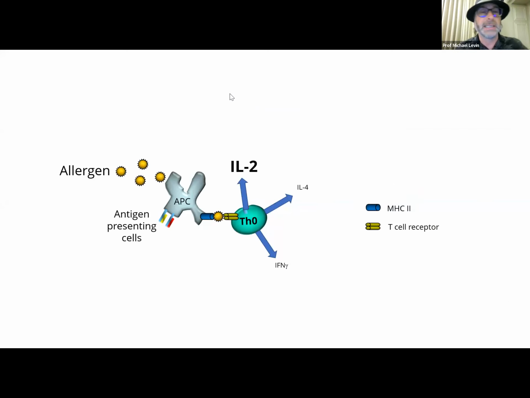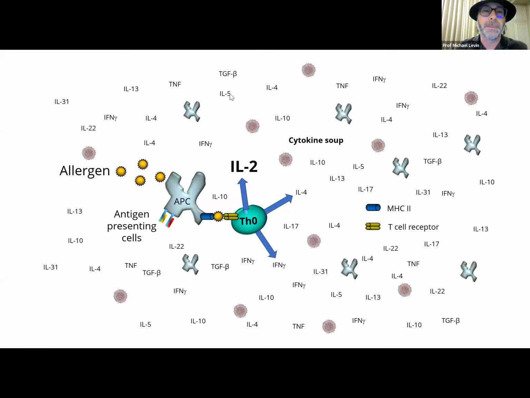The way that it does that is it releases a cytokine, interleukin-2, which causes proliferation of more of those naive helper cells, and secretes a tiny little amount of interleukin-4 and a tiny little bit of interferon gamma. Those two cytokines are the signature cytokines involved in type 2 immunity and type 1 immunity, respectively. So how does this Th0 cell decide what it's going to study at university? Because it's got a lot of different decisions that it can make.